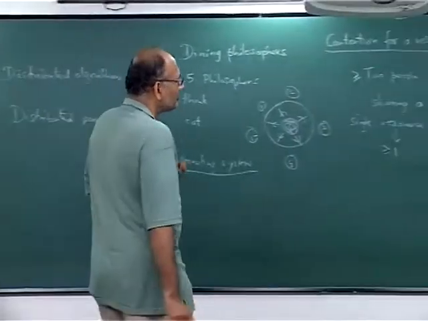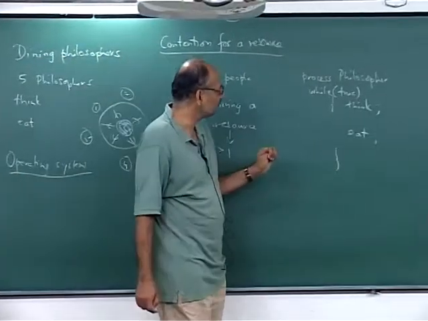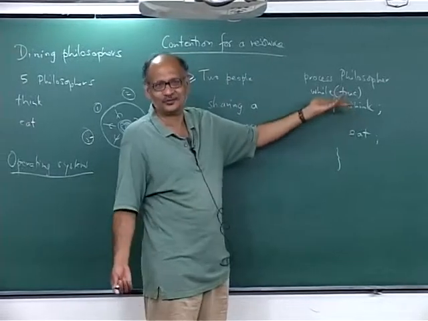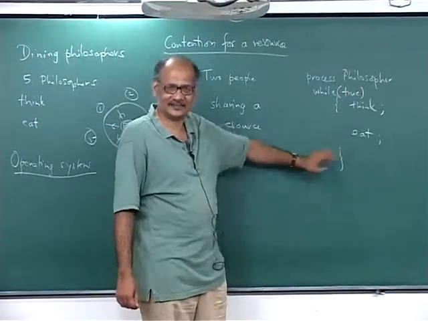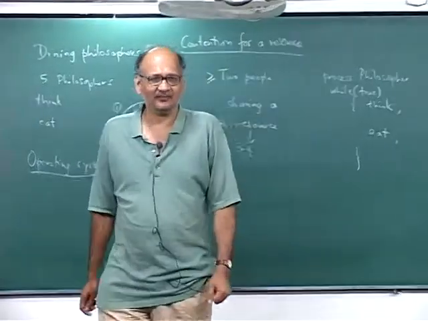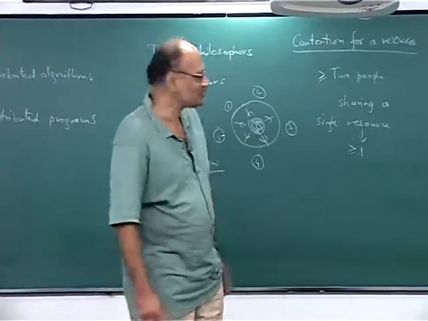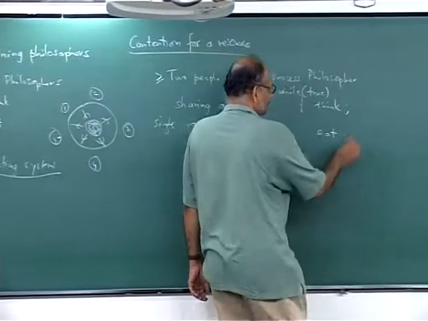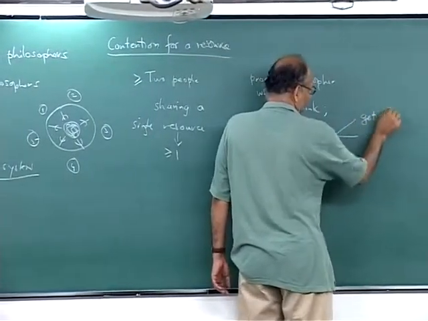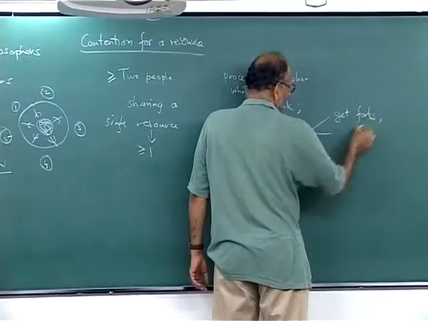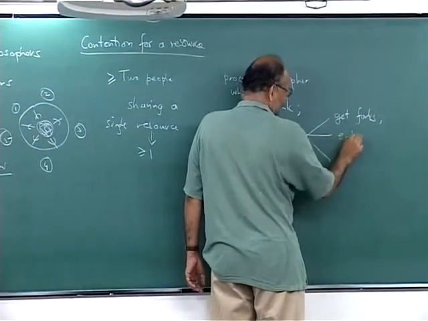So there's nothing much to do about thinking. The philosopher just thinks. The difficulty lies in eating, because eating is a more complicated process. So we can split it up into 3 parts.